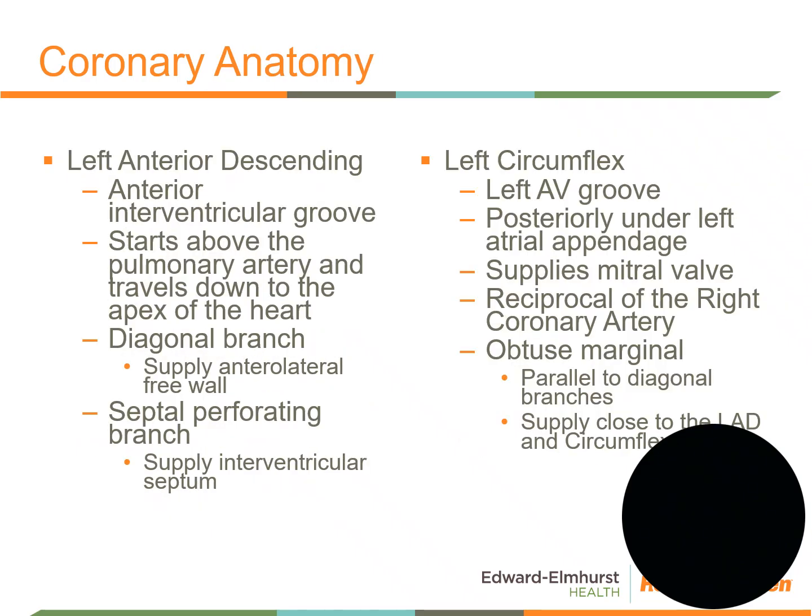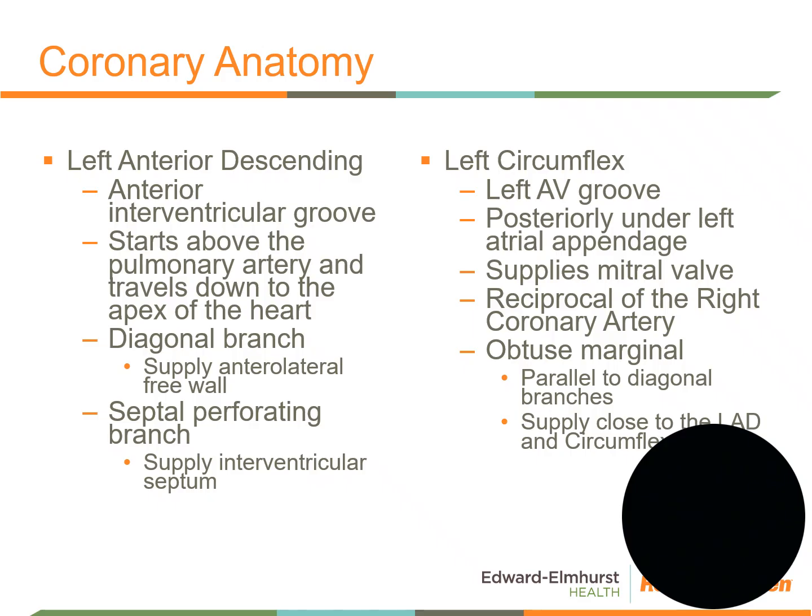Your left anterior descending runs in the anterior interventricular groove, so it goes right in between your right and left ventricle. It starts above the pulmonary artery and travels down to the apex of the heart. It has diagonal branches, which supply the anterior free wall, and septal perforating branches, which go into the septum.